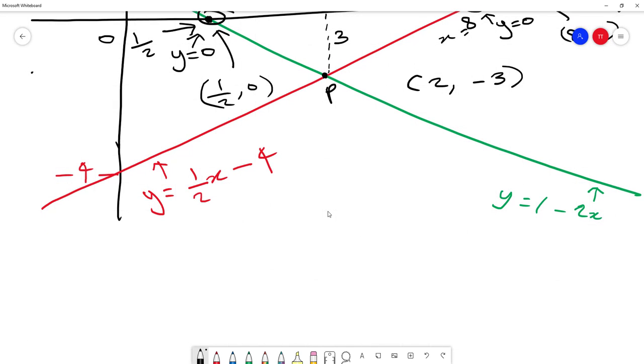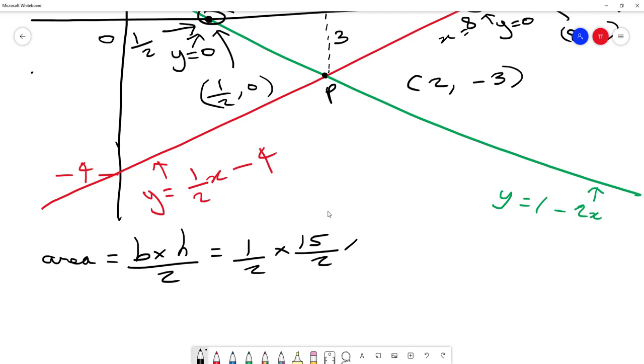We know that the area of a triangle is base times height divided by 2. So I can write a half times the base, 15 over 2, times the height, which was 3. That will give me 45 over 4 units squared.